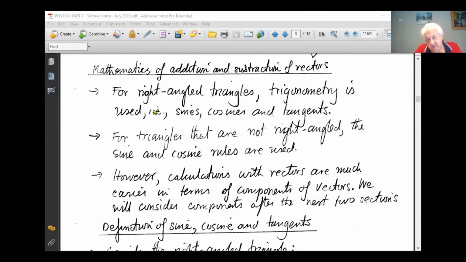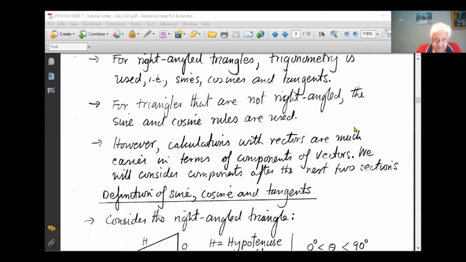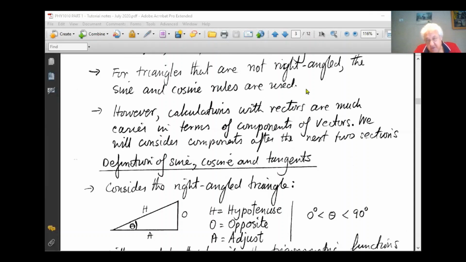We'll be doing a lot of examples in the various tutorials, so I will leave examples of this when we come to tutorials. For triangles that are not right-angled, the sine and cosine rules are used. You probably know these from your school days. However, calculations with vectors are much easier in terms of components of vectors. We will consider components after the next two sections.